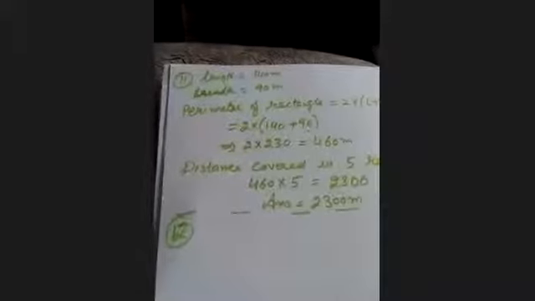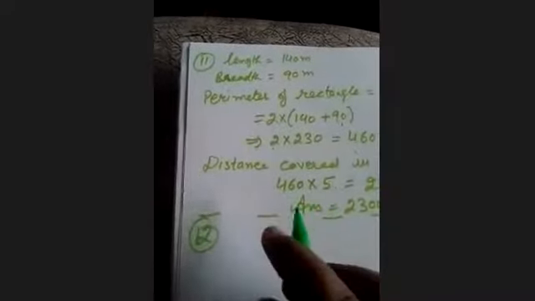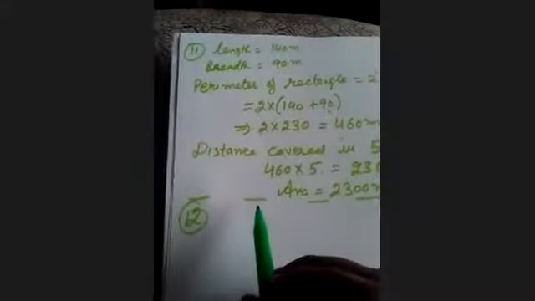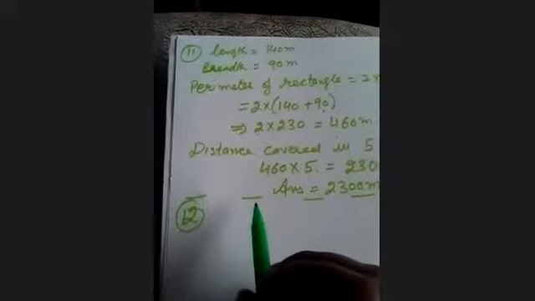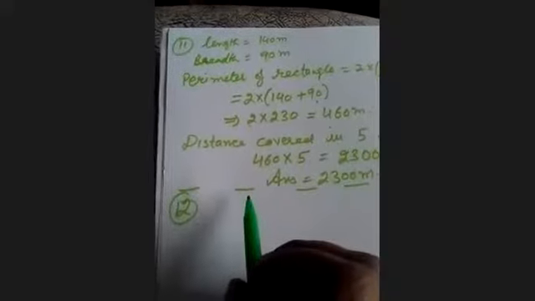Clear, students? Now, last question of this exercise, that is question number 12. Pinky runs 8 times around the rectangular park of length 80 by 55, while Pankaj runs 7 times around a square park of side 75 meter.